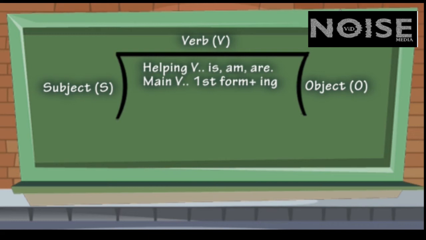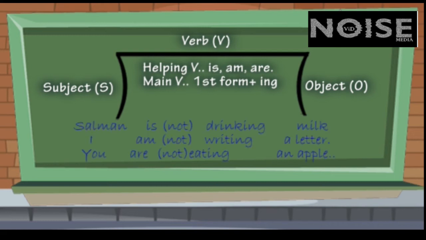I'm going to give you some examples. Salman is drinking milk. Now, we can't say Salman drinking milk because the ing form is there, so there must be is, am, or are. And since we are using Salman, a single person, we will use is.